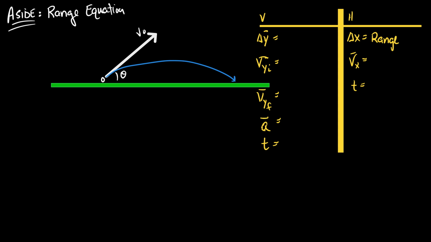They have to be given direction. And we also know that if it's launched at an angle, the trig suggests that this will be true for the initial y velocity, and this will be true for the initial x velocity. And the x velocity won't change. All good? We're also aware that for most of this, gravity is going to be the acceleration.